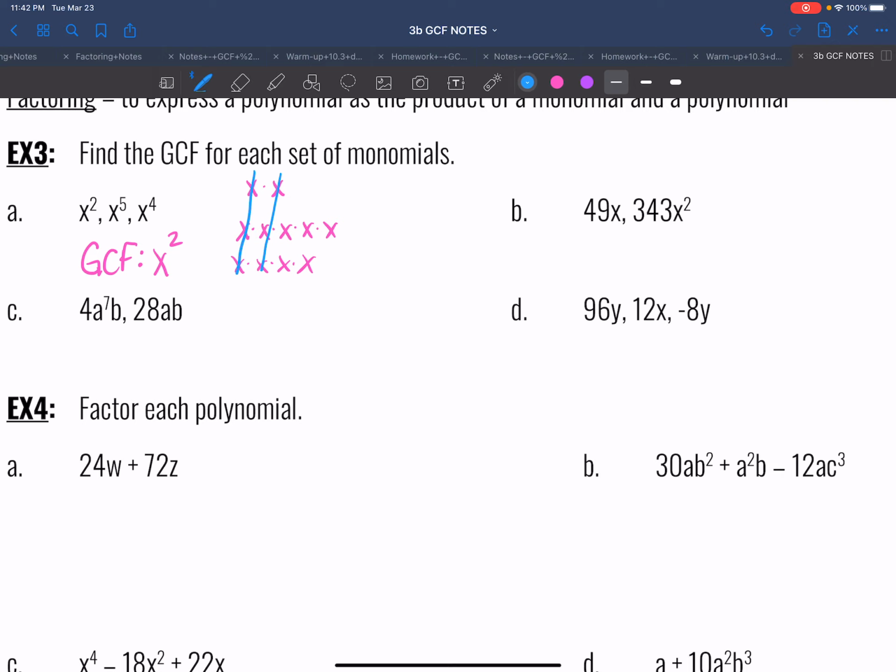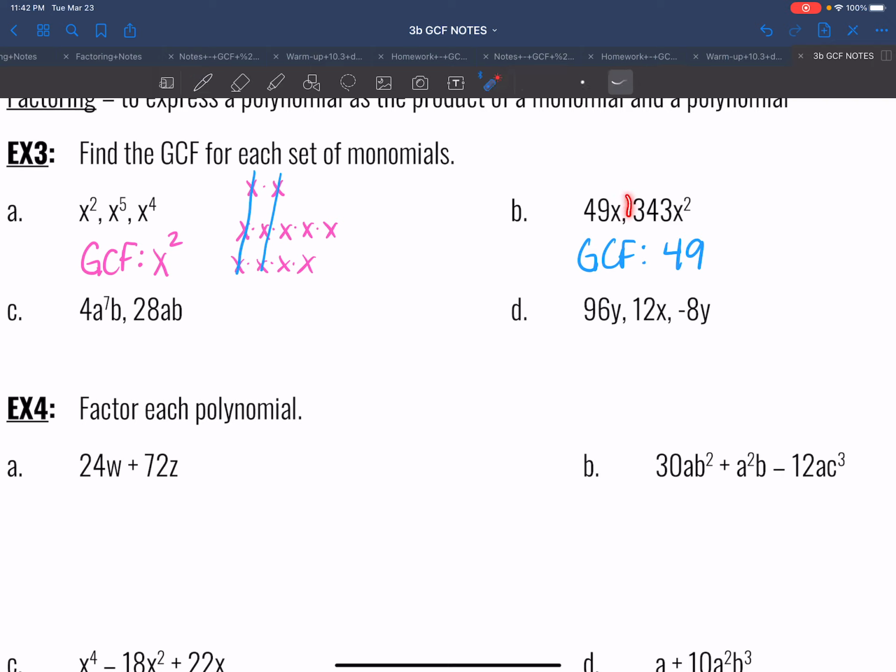When there's a large number like 343 involved, I usually start, when I'm trying to find the GCF, by dividing 343 by 49 in hopes that that would divide out evenly. And it does, because 343 divided by 49 is 7. So that means that for sure the GCF of 49 and 343 is going to be 49.